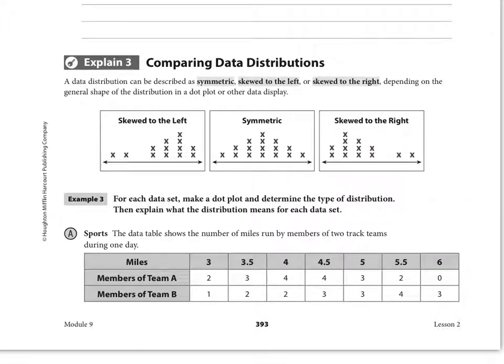Symmetric means it's almost like a bell-shaped type of curve. Skewed to the left means that we have more data on the right side. Okay, that confuses me even. So hopefully that makes sense to you. Skewed to the right means that we have most of the data on the left side.